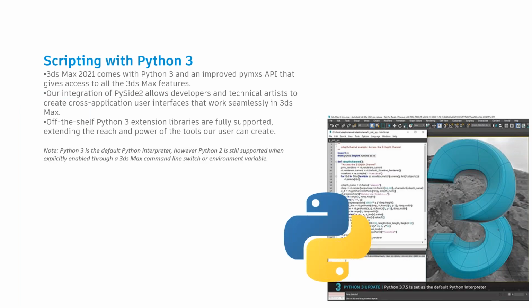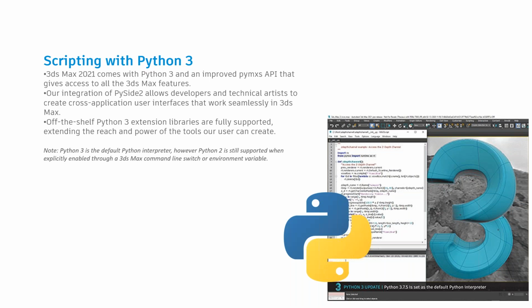So before I go into these applications again, one more great thing is Python 3 support. We all know that Python 2 was commonly used by all the coders across the globe. Python 3 got released a couple of years back, or maybe last year, and the support of Python 3 to 3ds Max was also very important.